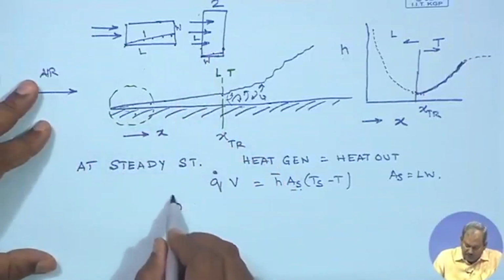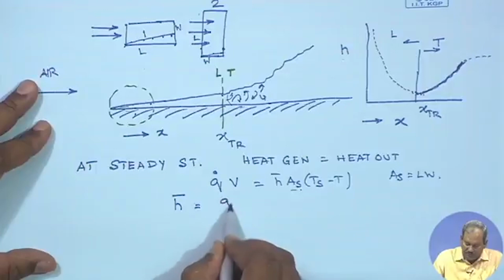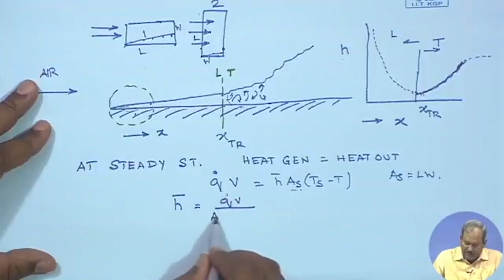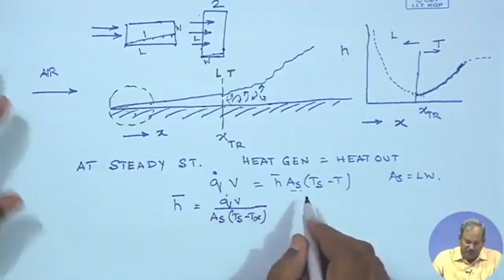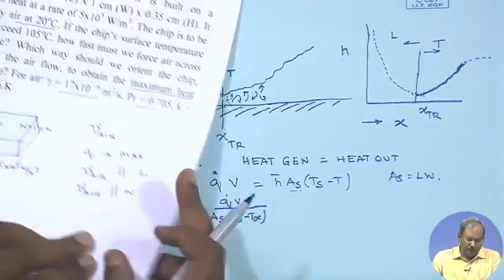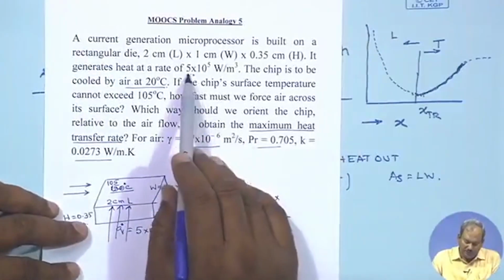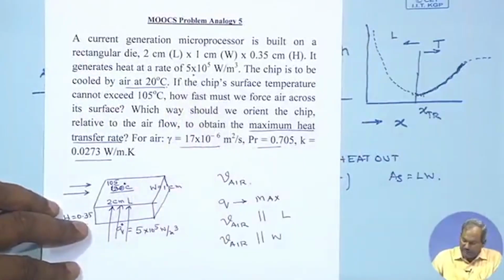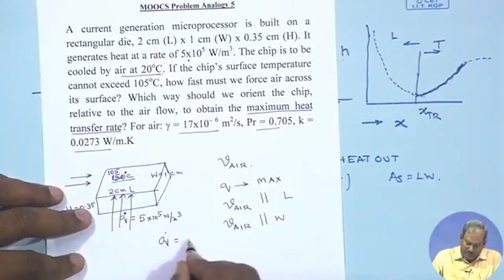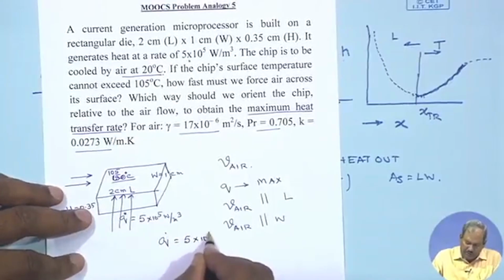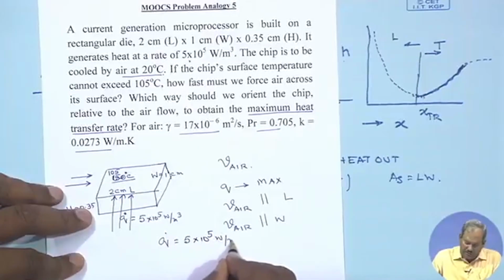So, the heat transfer coefficient would be equal to Q dot V by A_s (T_s minus T infinity), and you know the value of Q dot is provided. Q dot is 5 into 10 to the power 5 watt per meter cube.